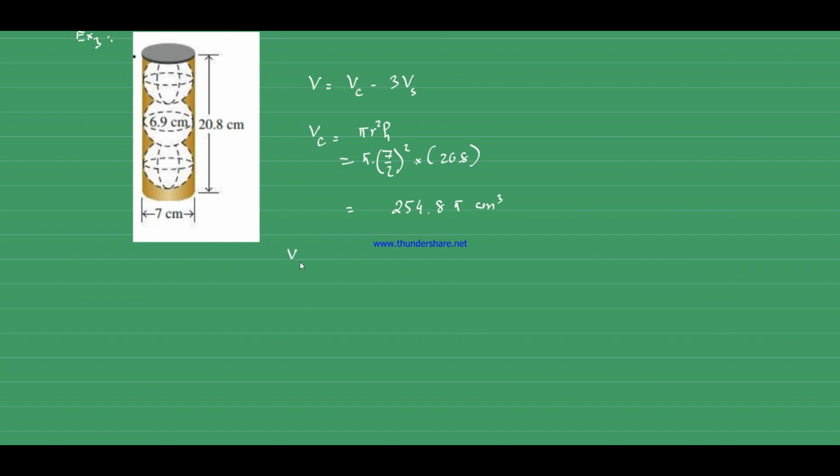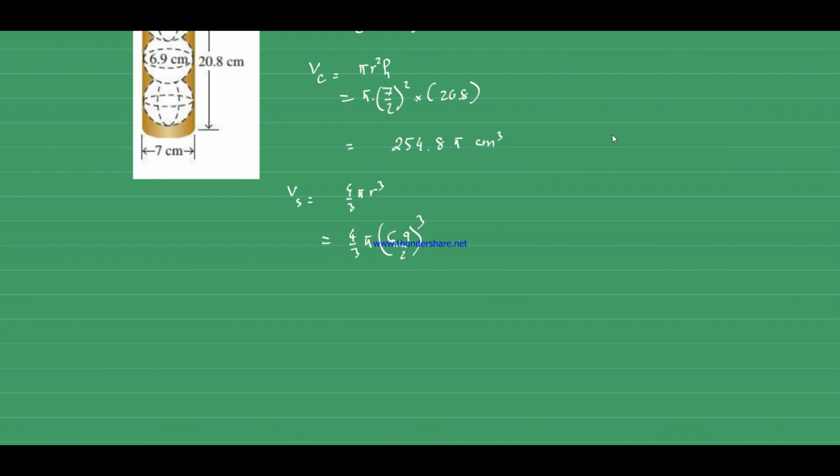Then you find the volume of the sphere, which is 4/3 pi r cubed. So you have 4/3 pi. They give you the diameter, so the radius will be 6.9 over 2, raised to the third power.